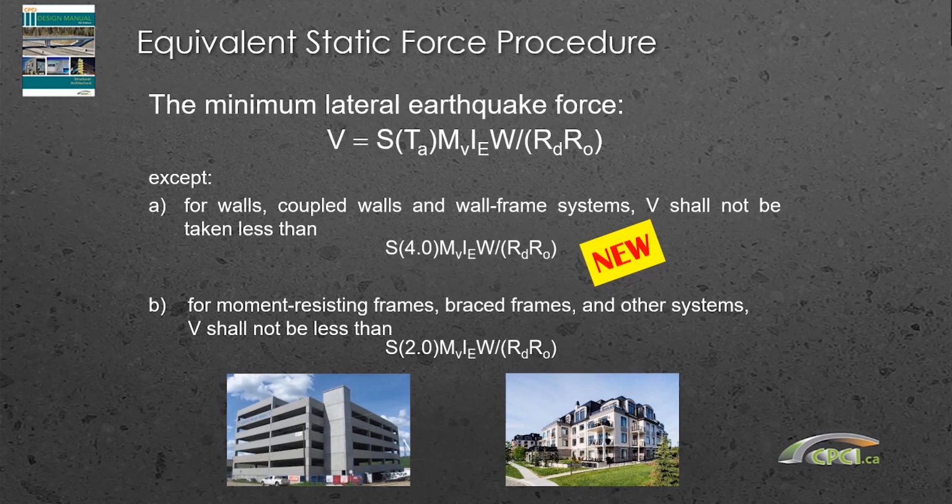And again, we'll talk about it later, but notice in this shear equation, there's this MV to account for higher mode effects, which is similar to the previous NBC, but I'll mention that a bit later, that we do still have the MV in the base shear, but there's new tables for it as well.